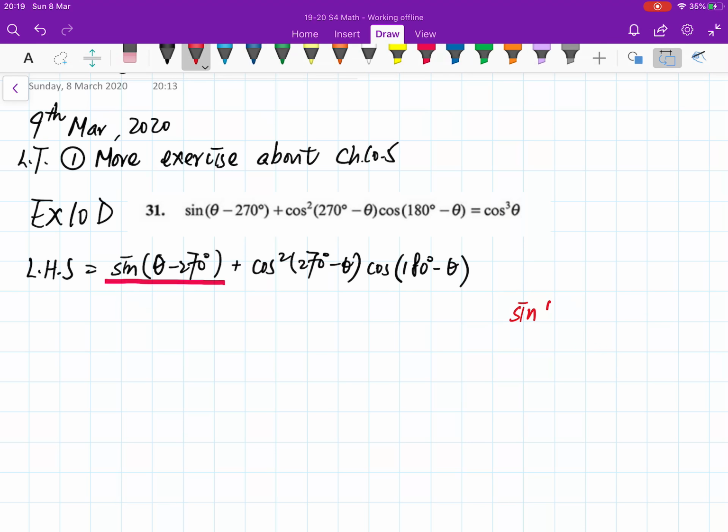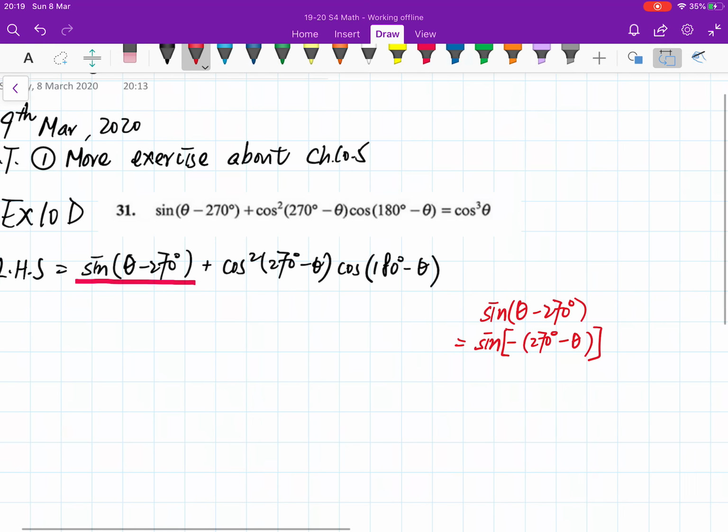Okay, so how can we transform this? So there are two steps. The first step, we can take out the negative from the bracket, so that we have 270 degree minus theta.